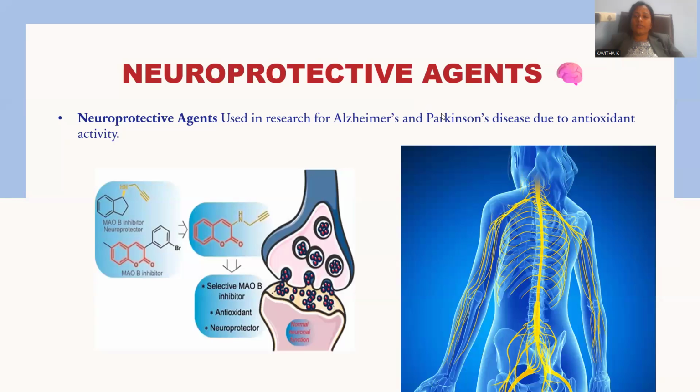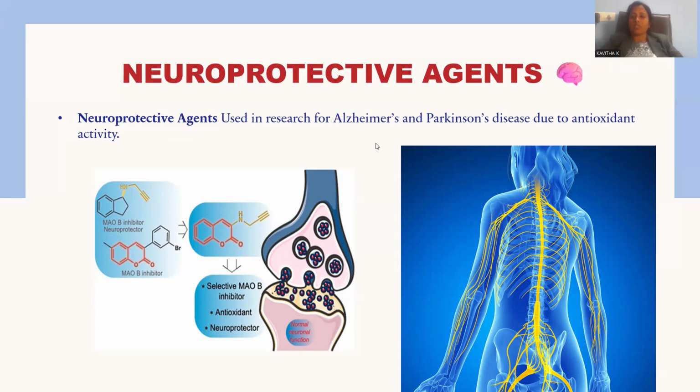And neuroprotective agent: another pharmacological impact of coumarin is as a neuroprotective agent, especially in the curation of Alzheimer's and Parkinson's. Alzheimer's is caused when brain activity is disturbed, so that they are not able to remember things for a longer time.